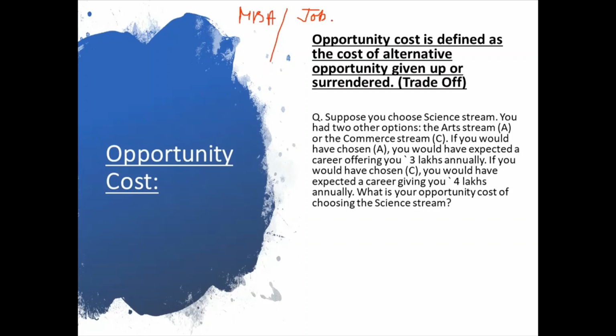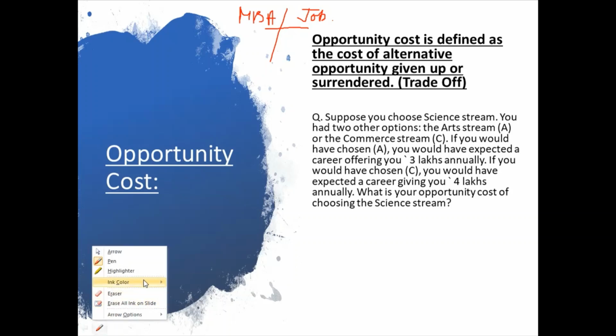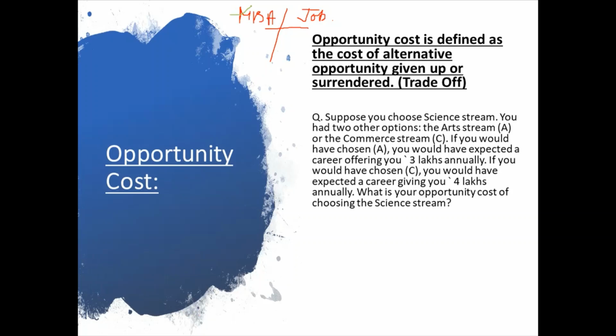So what is your opportunity cost for this? If you decide on the MBA, the opportunity cost would be the amount you would have earned working at your job for 2 years. If you had chosen your job, your opportunity cost would be the knowledge you would have gained from the MBA.